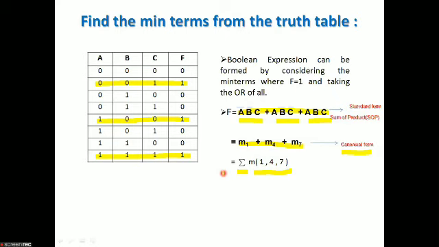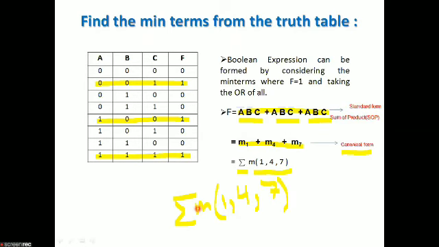Always in the case of min terms, as this is a sum of products, it is represented as a summation sign with m and brackets 1, 4 and 7. Why? Because it is a summation of min terms 1, 4 and 7. Also you can write it like this, summation of min terms 1, 4 and 7.